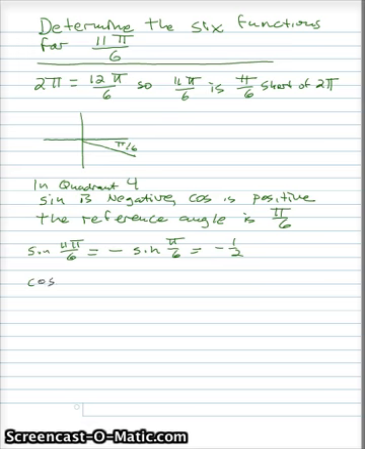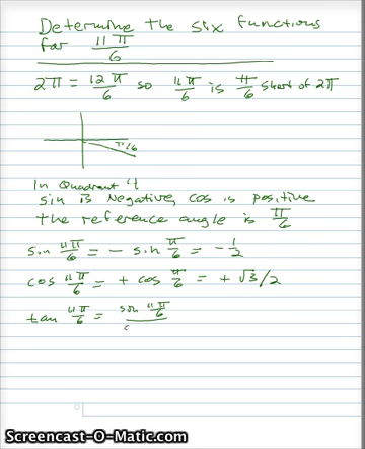Now cosine of 11 pi over 6 will be positive. Fourth quadrant cosine is positive. Cosine of the reference angle, cos pi over 6, positive root 3 over 2. Now if we want to get tangent, tangent is sine divided by cosine. So the tangent of 11 pi over 6 is the sine of 11 pi over 6 divided by the cosine of 11 pi over 6.